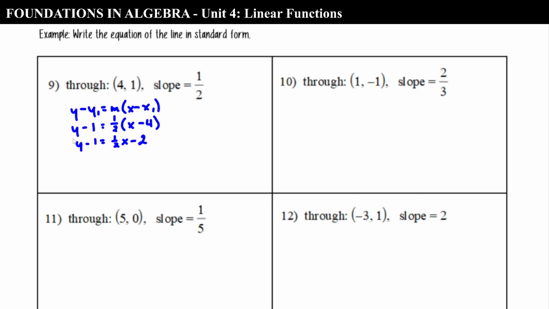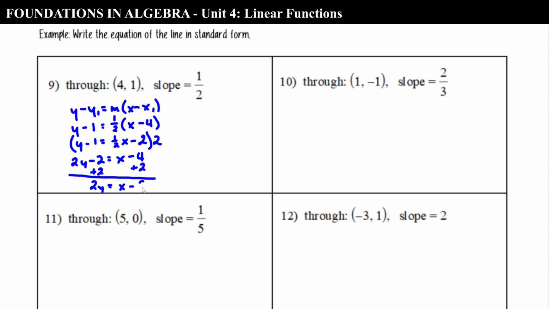Now we're going to multiply everything by 2. So we have 2y minus 2 equals x minus 4. Then we're going to add 2 to both sides to get y by itself.